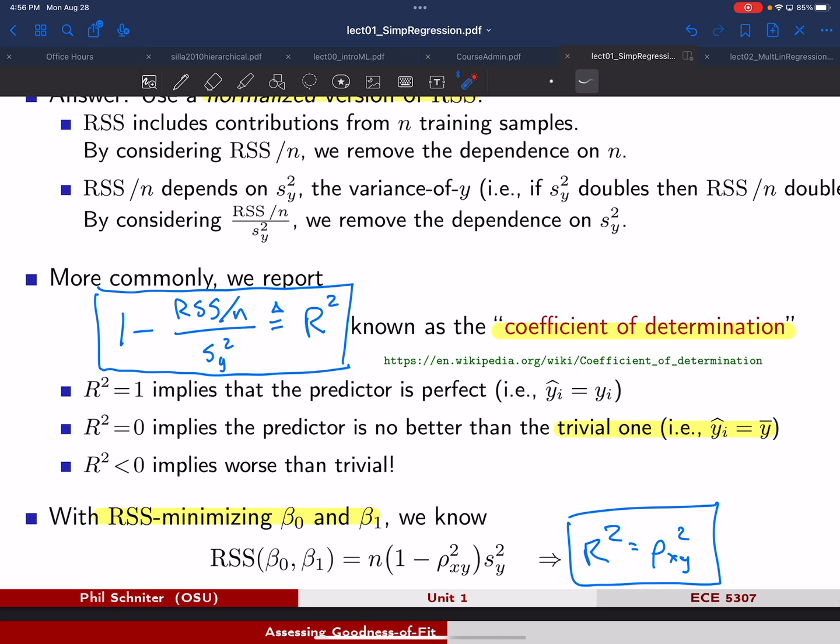No, right? It's a squared quantity, so it can't go negative. But it can be 0. We saw examples of data sets, those little pictures, where we had rho xy equals 0. So the smallest is 0, and that's like this other lower bound. So whenever you use the RSS minimizing values of beta, your R squared is always between 0 and 1. Whenever you do something not so smart and you don't do the RSS minimizing, that is when it's possible to get R squared negative. But if you make a good design, it will always be between 0 and 1.